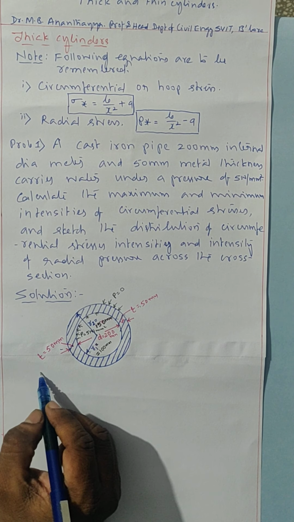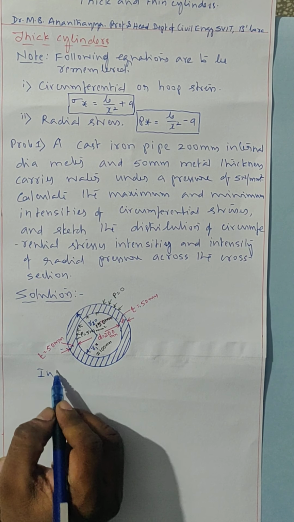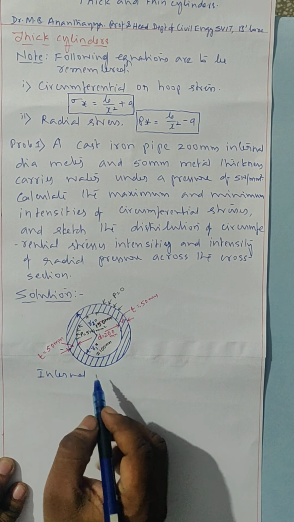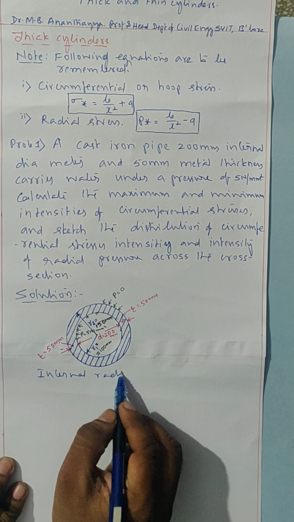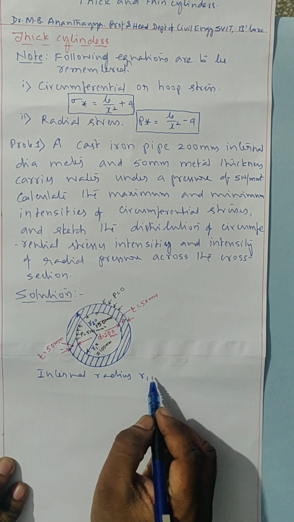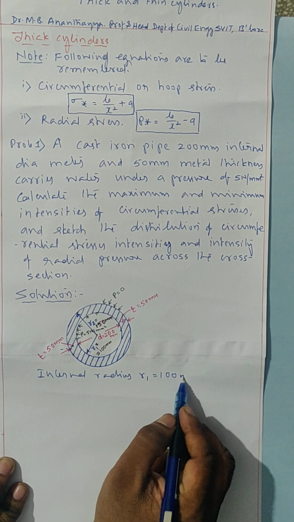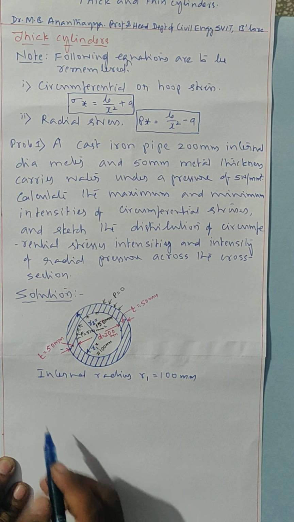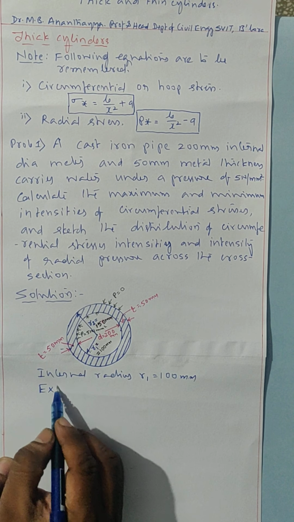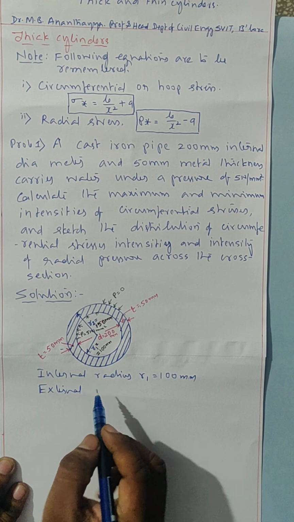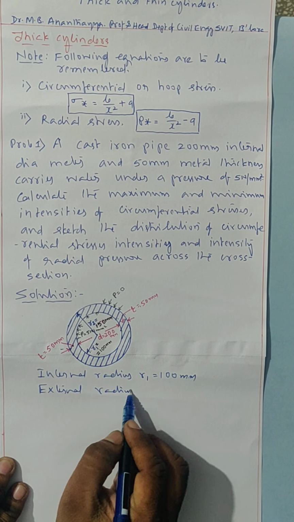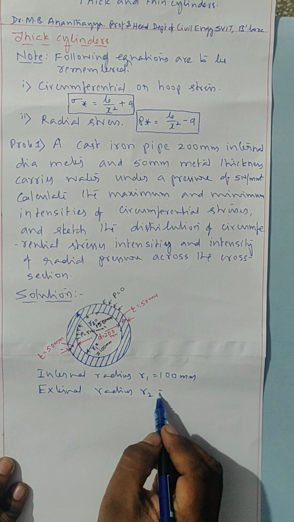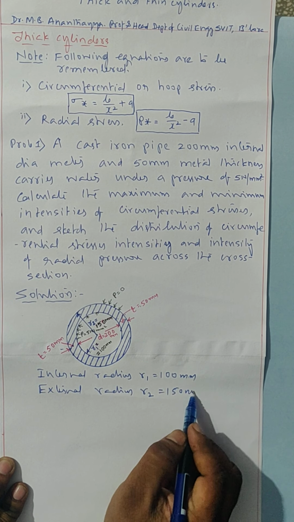Therefore the data given is: internal radius R1 equals 100 mm. External radius R2 equals 150 mm.